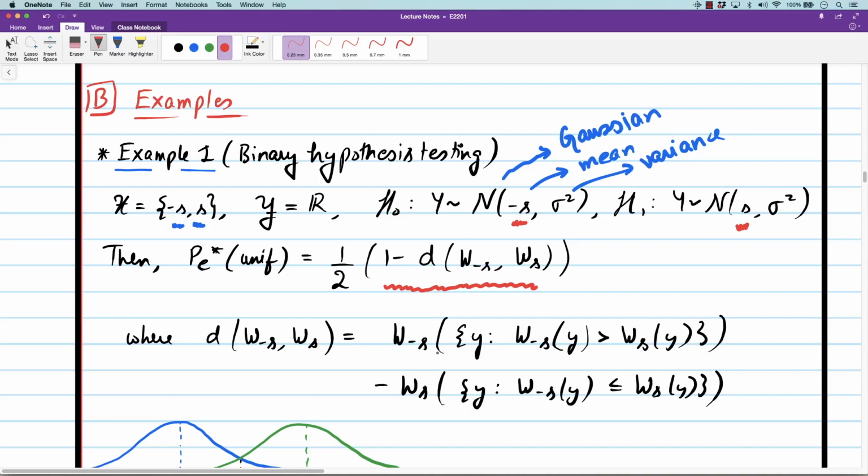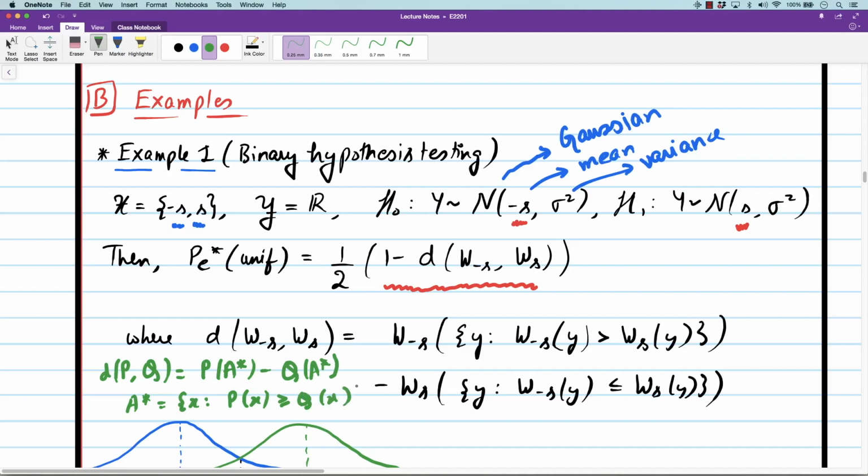Okay, so what is the total variation distance? If you recall, the total variation distance D(P,Q) has various expressions. The one I'm using here is P of A star minus Q of A star, where A star is the set of those values for which P(x) exceeds Q(x).